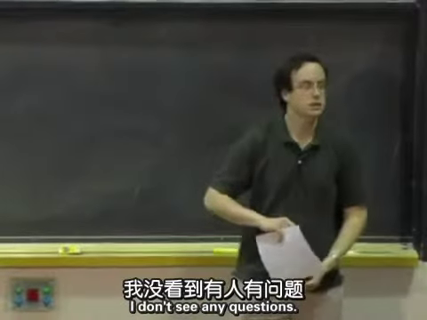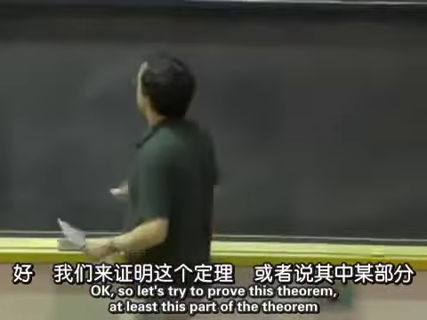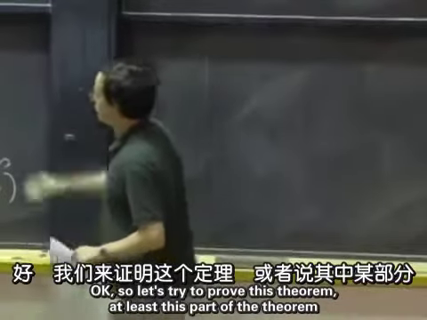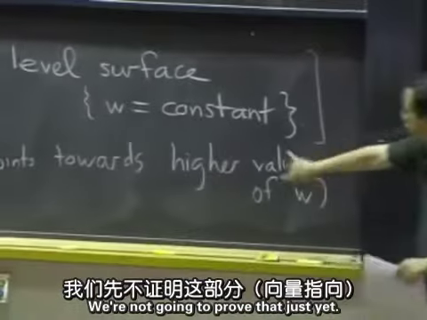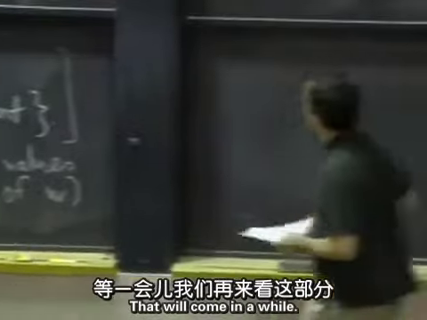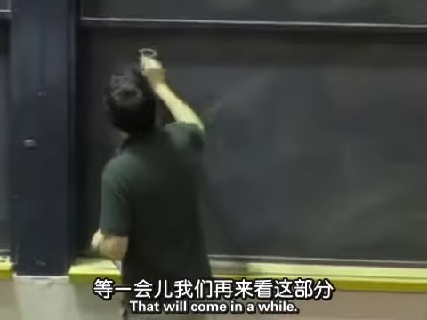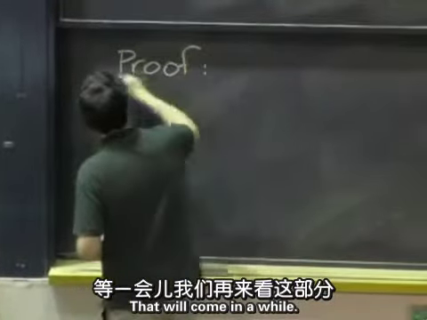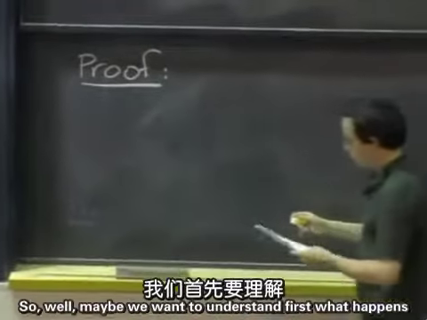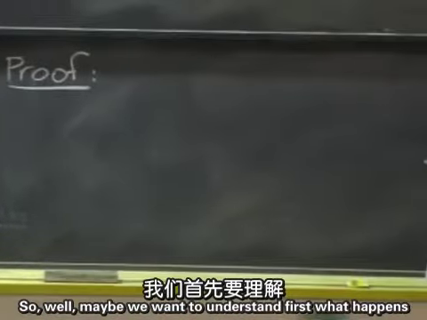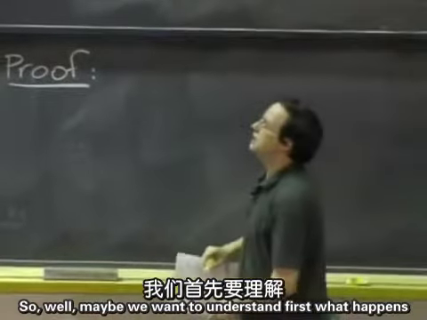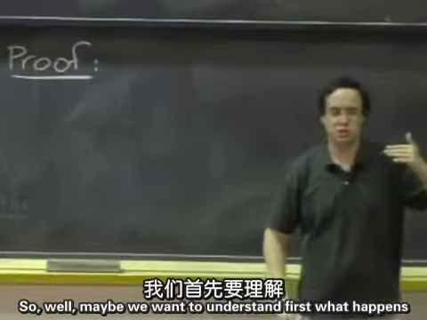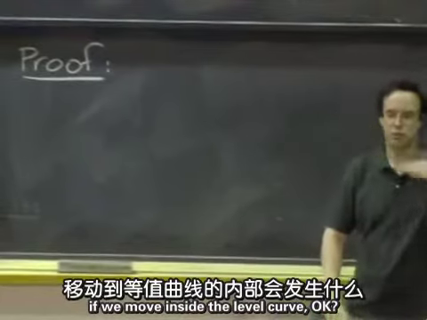I don't see any questions. So, okay, so let's try to prove this theorem, at least this part of the theorem. We are not going to prove that just yet. That will come in a while. So, well, maybe we want to understand first what happens if we move inside the level curve.